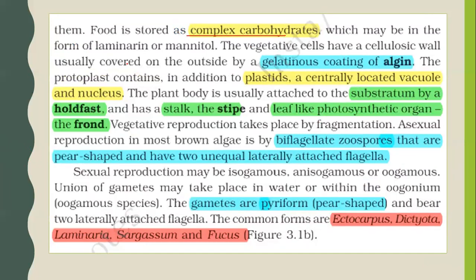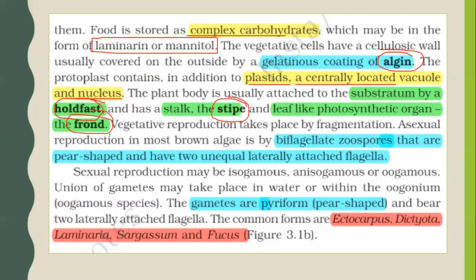The food stored is a complex carbohydrate in the form of laminarin and mannitol. The vegetative cell has a cellulosic cell wall with algin. They have a plastid, a centrally located vacuole, and a nucleus. The plant is held to the substratum by a root-like structure called the holdfast, a stem-like structure called the stipe, and a photosynthetic leaf-like organ known as the frond.